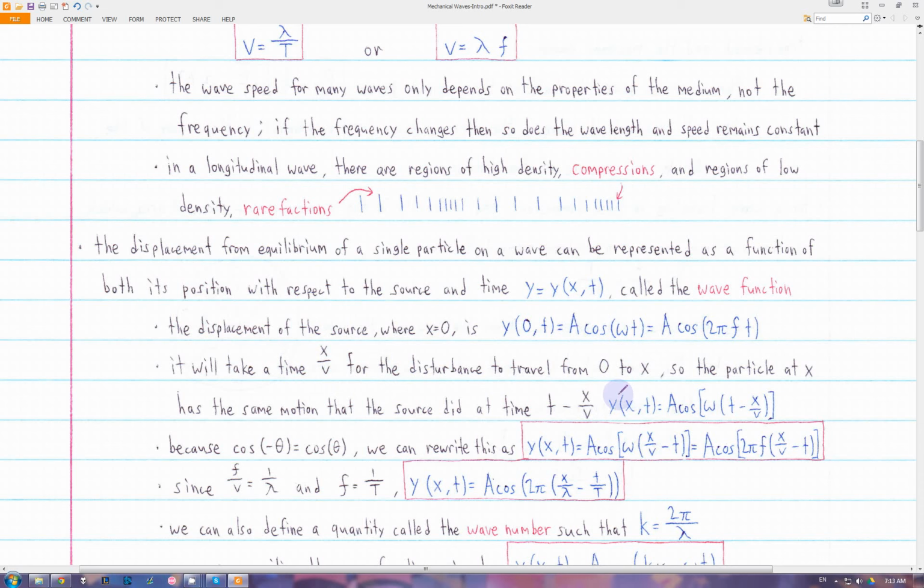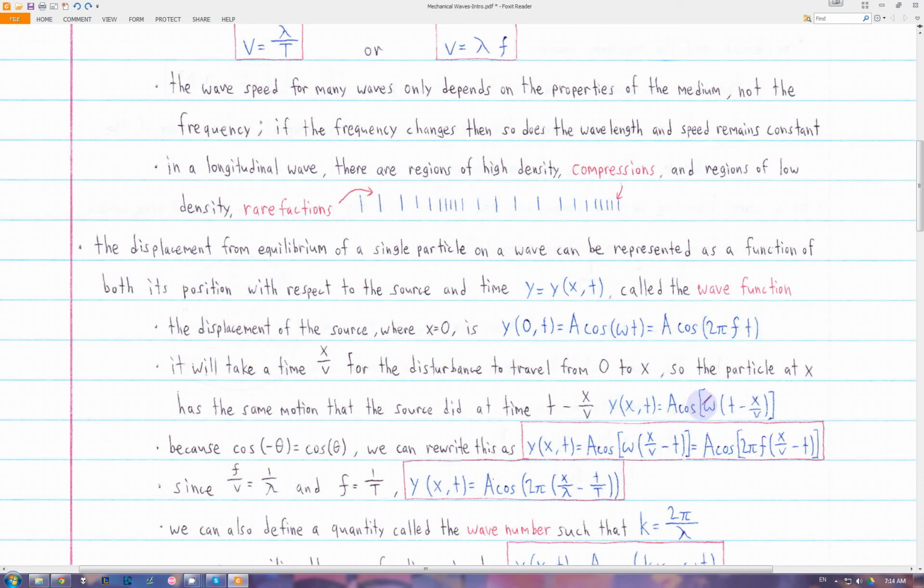So we can describe the displacement of any point at a point x using the same equation but replacing the t with t minus x over v. So notice how if x is equal to 0, then this term cancels out, and we just have the original equation for the displacement of the wave source.